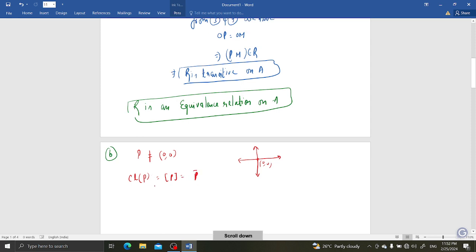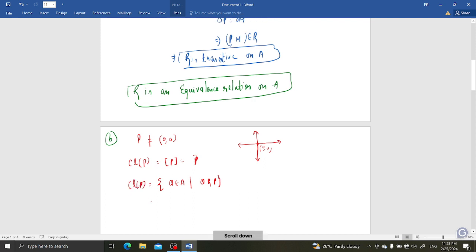So how can we find it? See here, actually it is the collection of all those elements of A such that Q is related to P. What is the meaning of class of P?